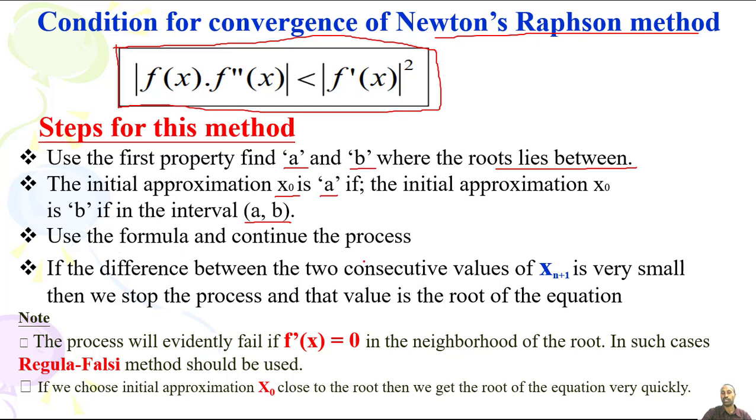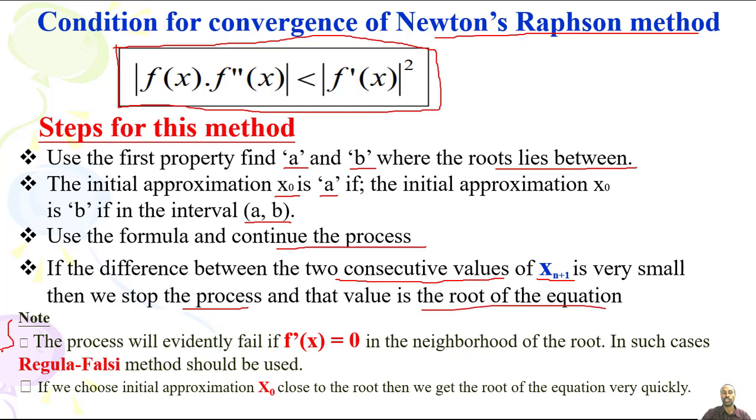So use the formula and continue the process until it converges. If the difference between two successive or consecutive values of xn plus 1 is very small, then we stop the process, and that is the root of the equation.